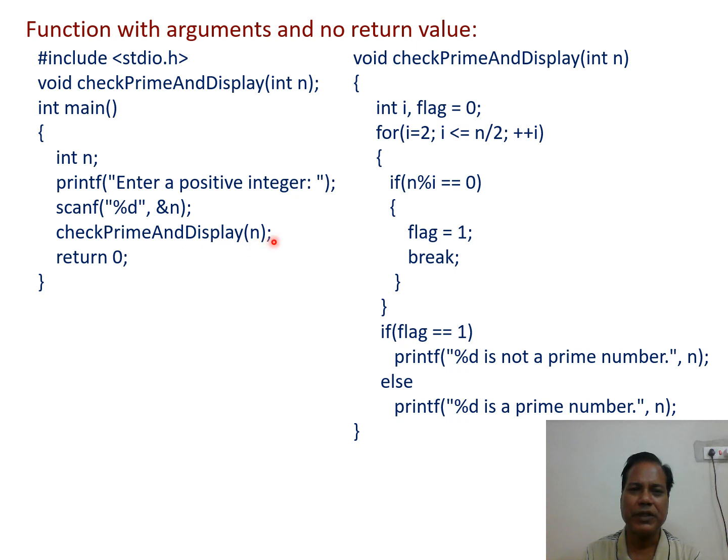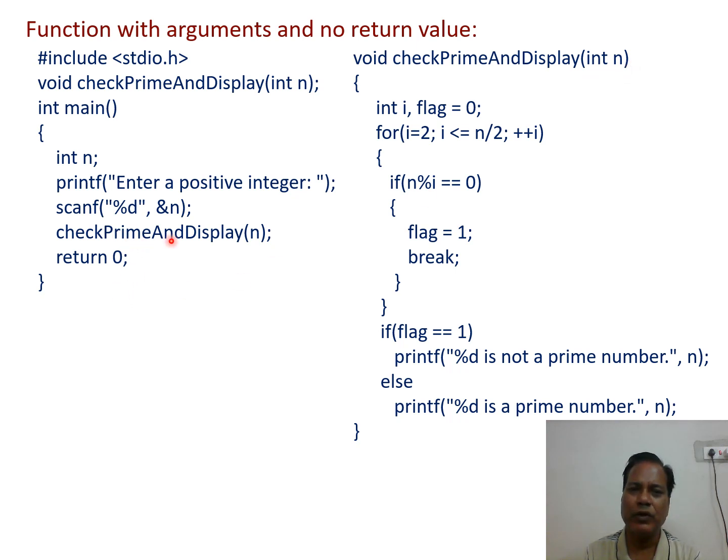So when this function is called with the passed number, control goes to this function, and here void check_prime_and_display(int n) is written.